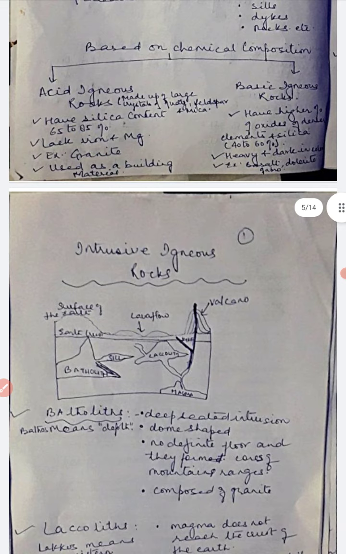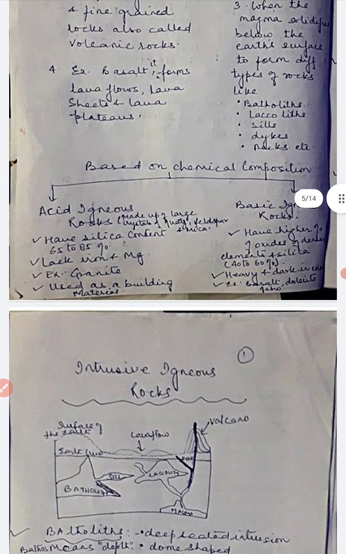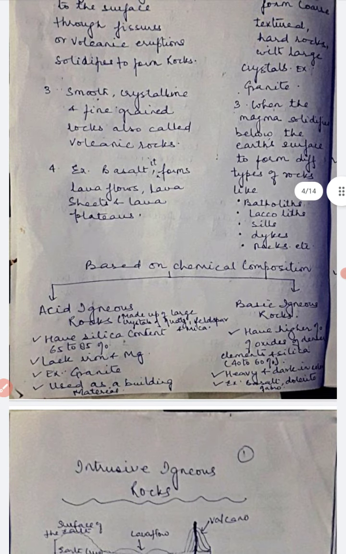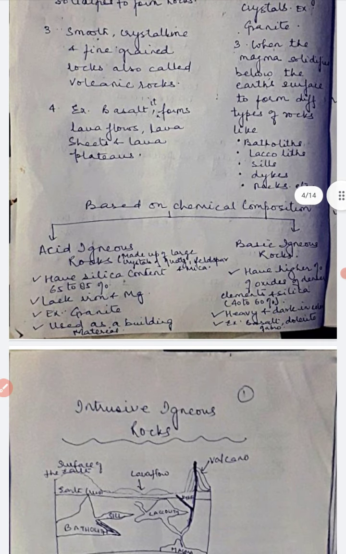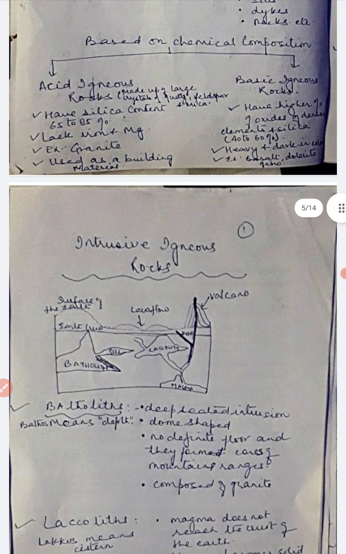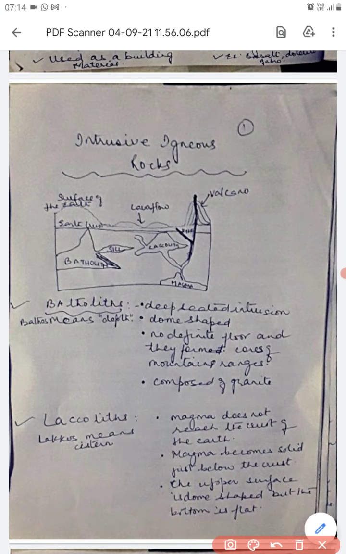Now, intrusive igneous rocks, as I said, are of different types: batholiths, laccoliths, sills, dikes, necks, etc. So here we will see the entire classification of the intrusive igneous rocks from the diagram. Now, this is the diagrammatic representation of the intrusive igneous rocks.